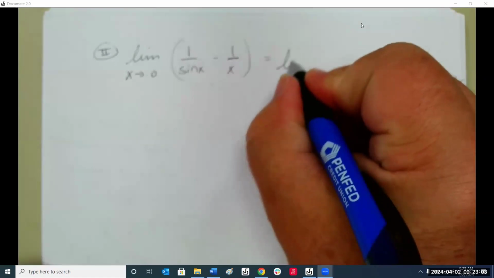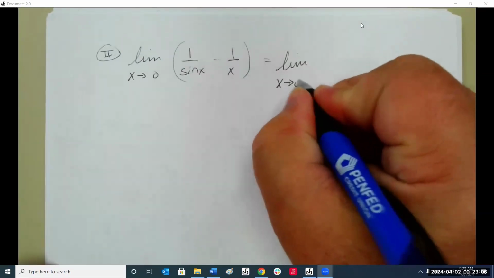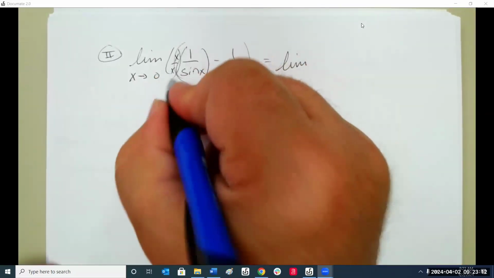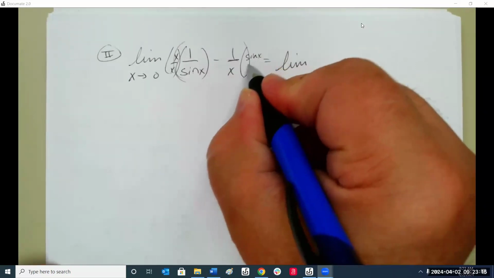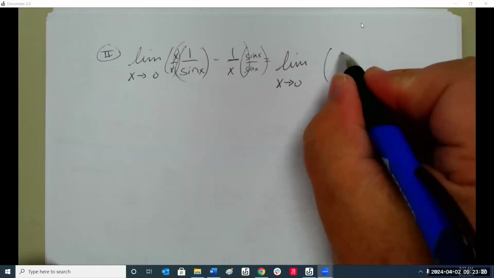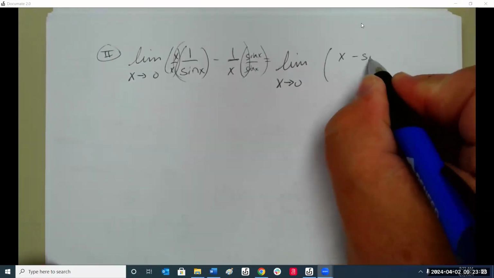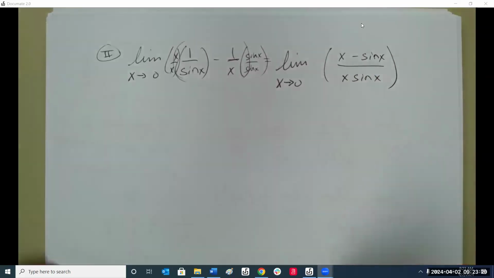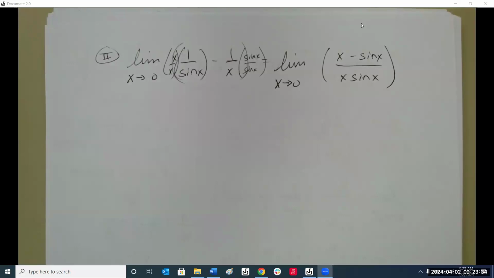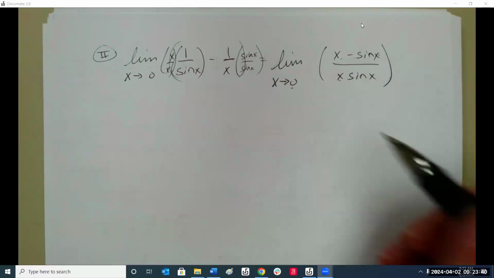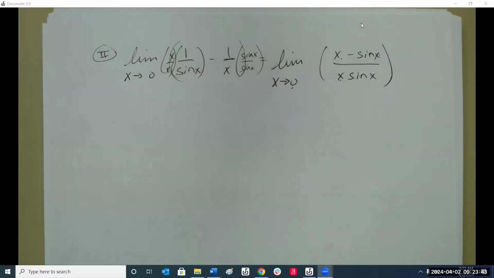Looking at this, this fraction needs an x over x, and this one needs a sine over sine. So what we have is x minus sine x over x sine x. We combine these two into one equation. If we put in 0, we get 0 minus 0 over 0 times 0, so it's 0 over 0, and we can use L'Hopital's rule.